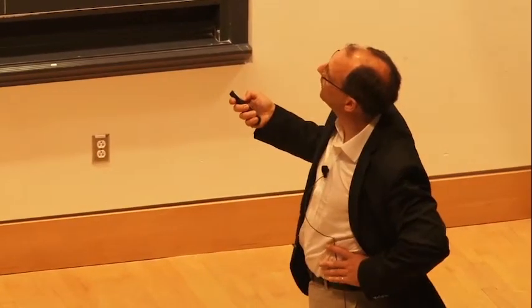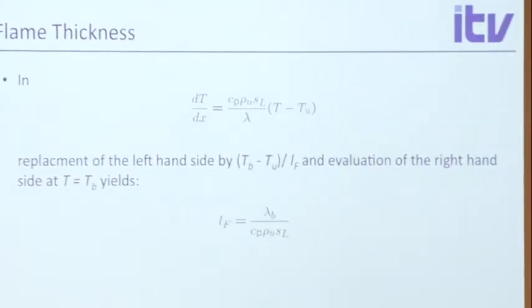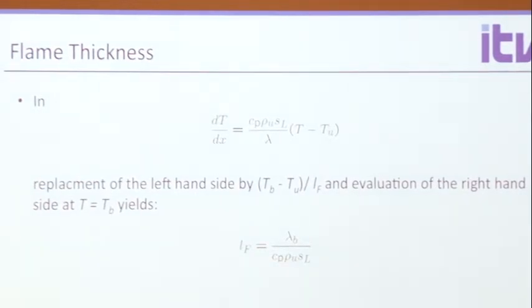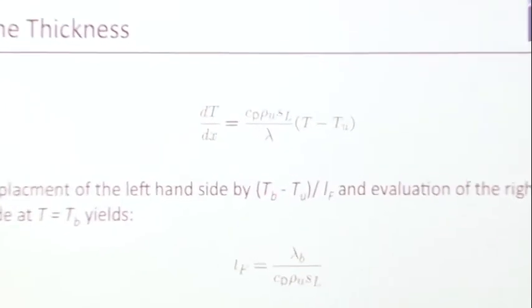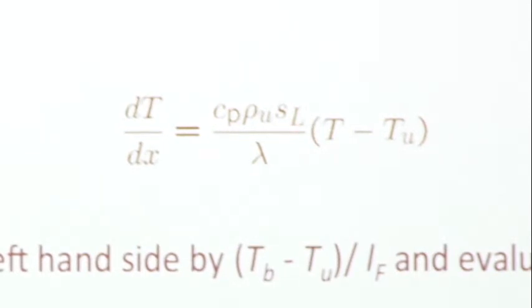And because we have relations here for this dTdx at the ignition point, we can also evaluate it now from our theory. Then you see here dT by dx would be Tb minus Tu divided by Lf, and then this is the right-hand side.